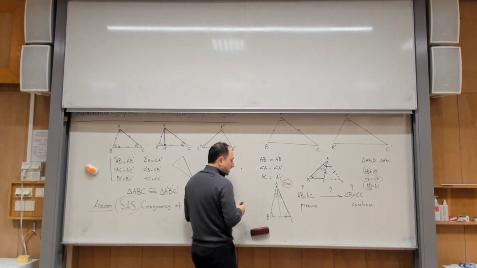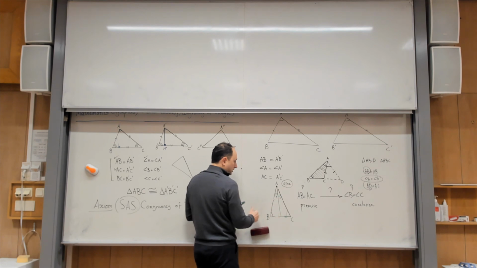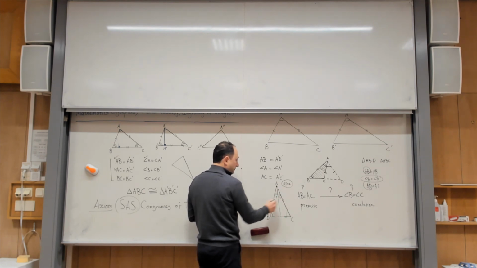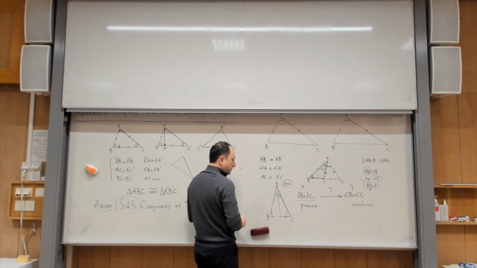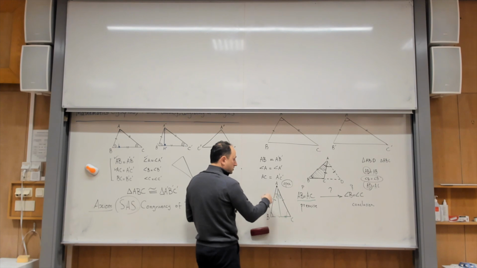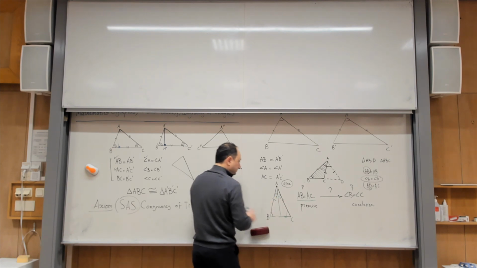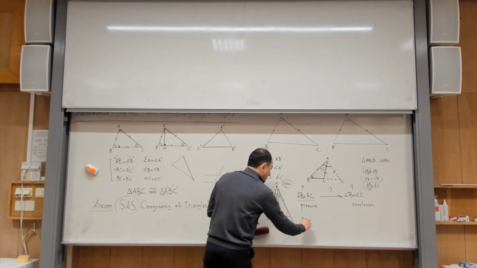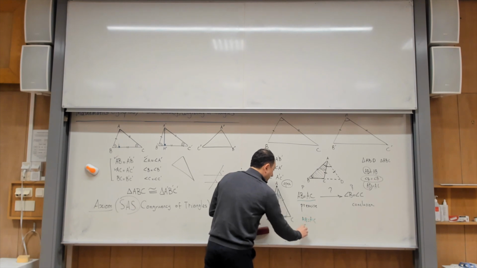Yes? And then look at this triangle here and that triangle here. This side is equal to that side because this is an isosceles triangle. This is my premise: AB is equal to AC. By construction, angle A1 is equal to angle A2.